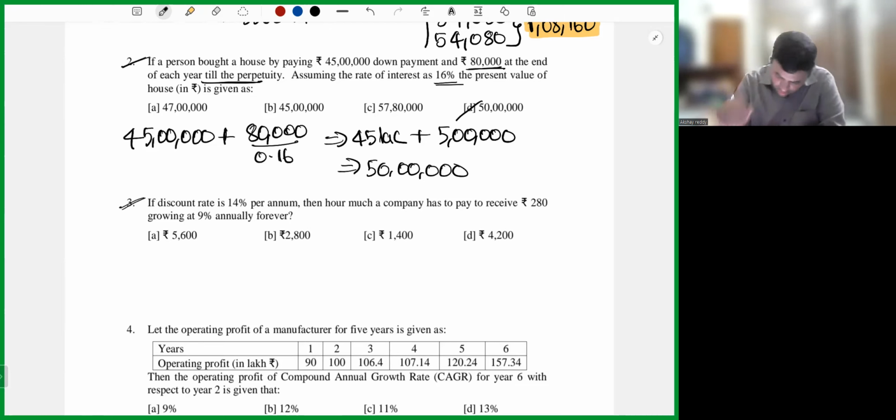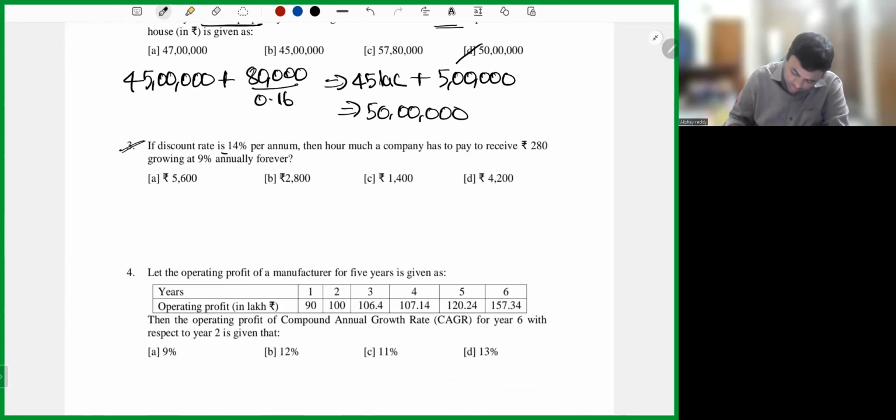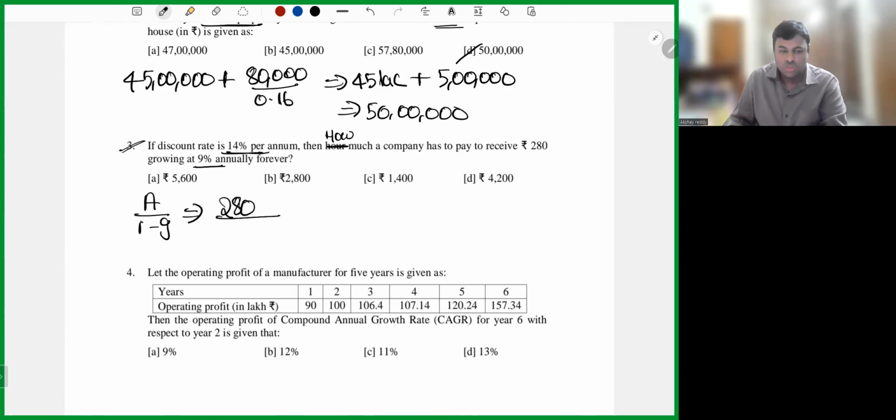Next. If the discounting rate is 14% per annum, then how much does a company have to pay to receive 280 growing at 9% annually forever? That is perpetuity with growth. When growth is there, it is A divided by I minus G. This formula I can't derive, my dear friends, because you require financial management knowledge.